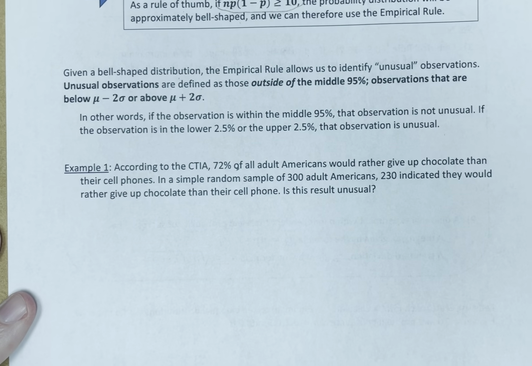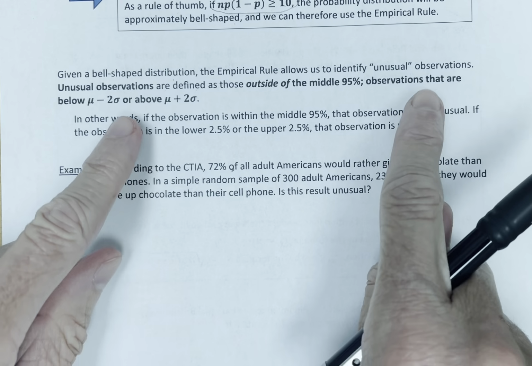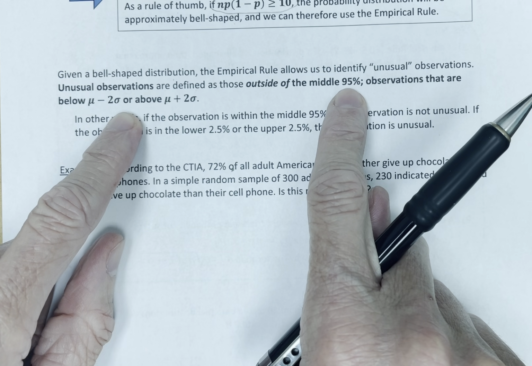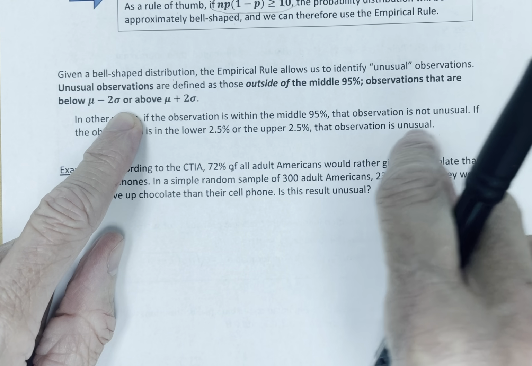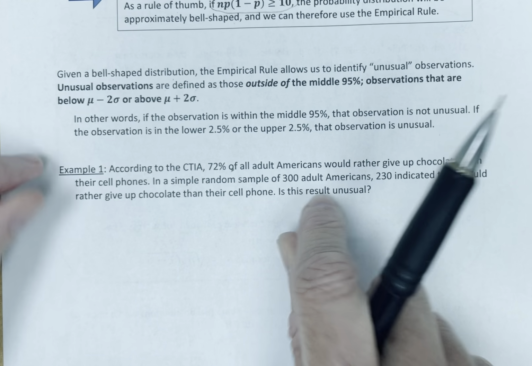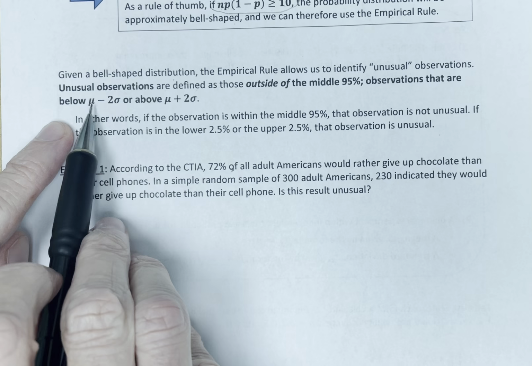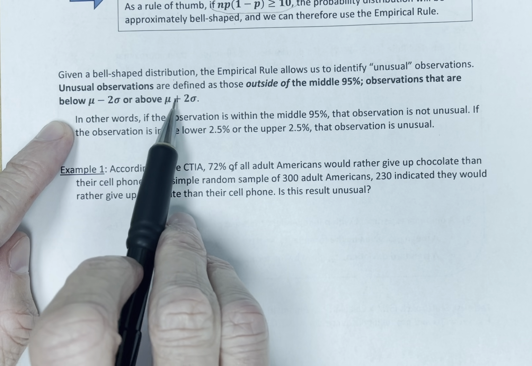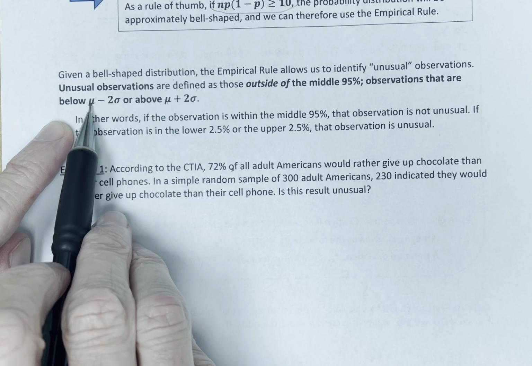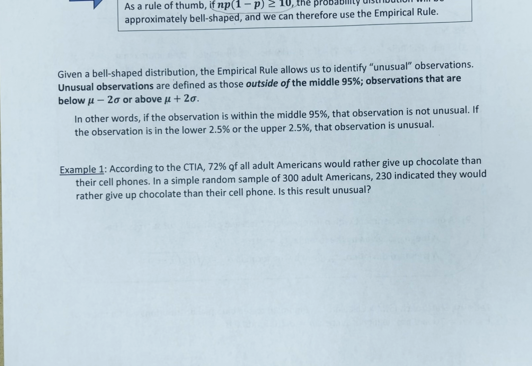So our definition for being unusual is you're outside of the middle 95%. You're either way above it or way below it. That's defined as follows: you're above the mean plus 2 standard deviations, or below the mean minus 2 standard deviations.